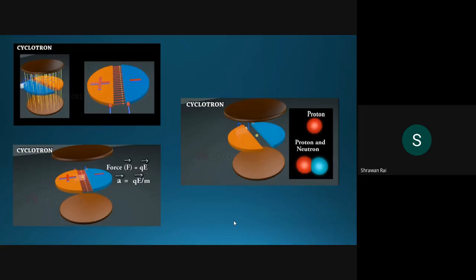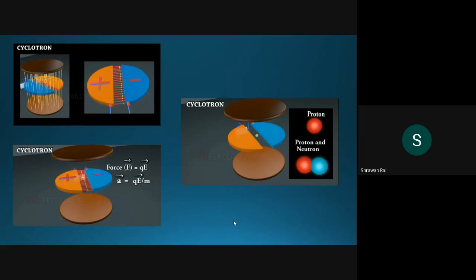Now, when we place a positively charged particle like a proton, or a combination of proton and neutron both, and say that D1 is positive and D2 is negative, there is a force that acts on this charged particle and accelerates it till it enters the other D, D2.